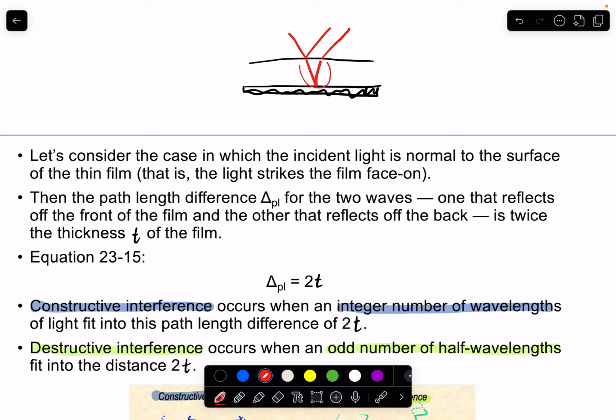If this is the thickness of the film, we can assume that the path length difference is equal to 2 times the thickness. And we can ignore the fact that it's at a slight angle. So when we assume that the path length difference is equal to 2 times the thickness of the film, then we can set up the constructive and destructive interference conditions.